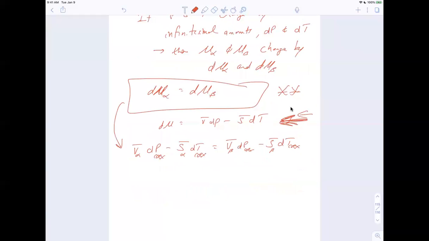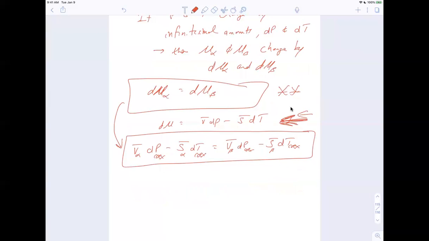So we see here now we have these terms, dP coexistence and dT coexistence. We're going to collect things that are associated with those terms because we want dP dT. So let's see if we can combine things that belong to dP and things that belong to dT.